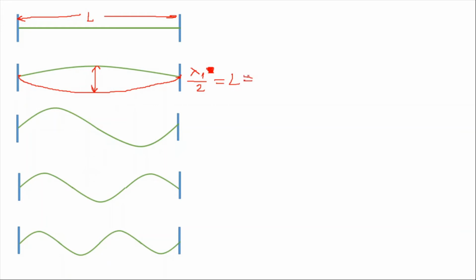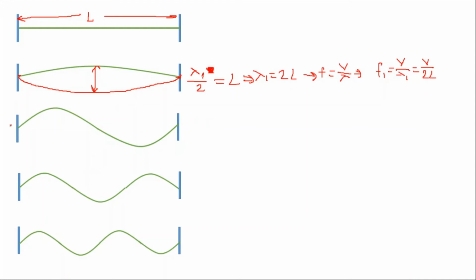So from here we can write that lambda 1 is equal to 2L, and we know that frequency is equal to V over lambda. Then the frequency of this oscillation F1 will be equal to V over lambda 1, and it will be equal to V over 2L. Why? Because lambda 1 is 2L.